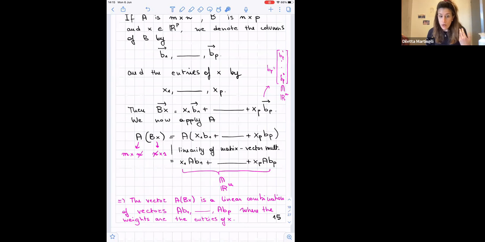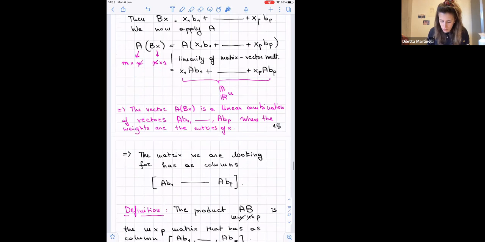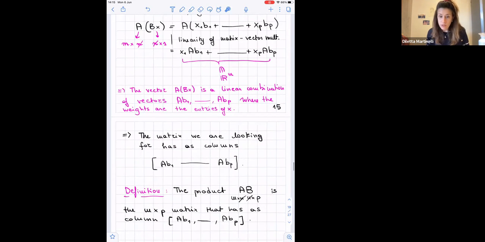And so we are looking for exactly the matrix whose columns are given by these vectors AB1, ..., ABp. So we want to define the matrix given by the product of A and B as the matrix that has as columns AB1, ..., ABp.